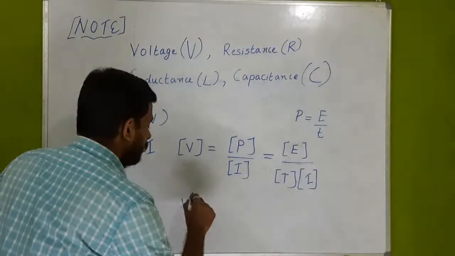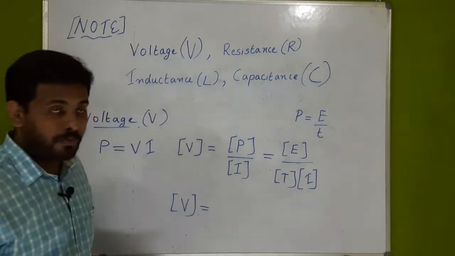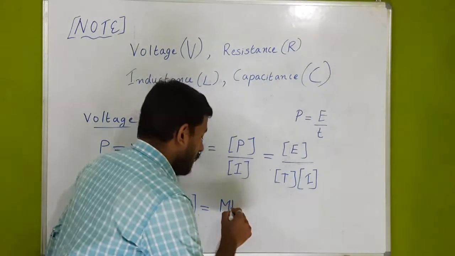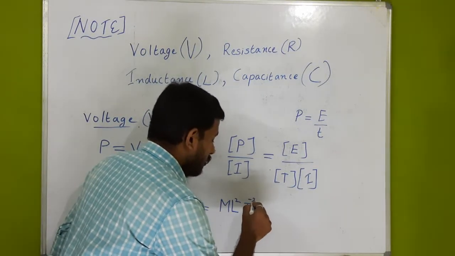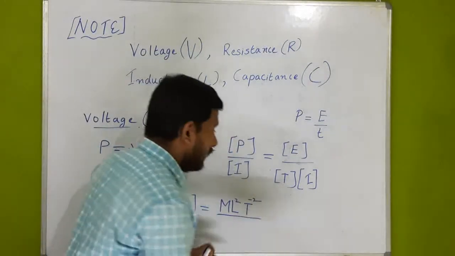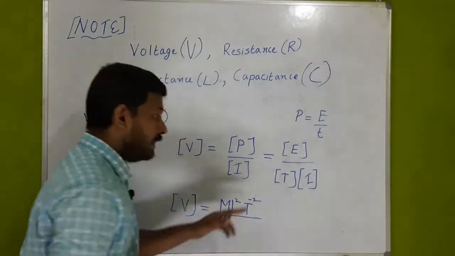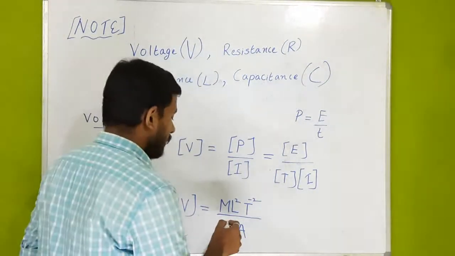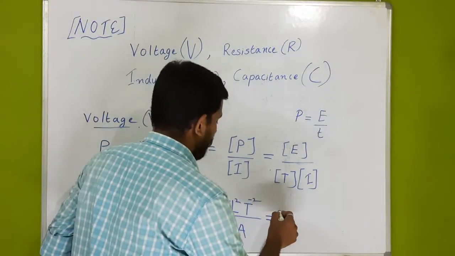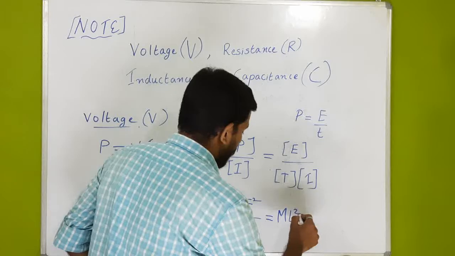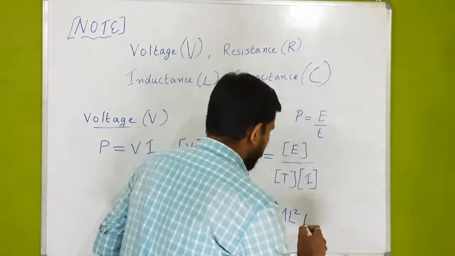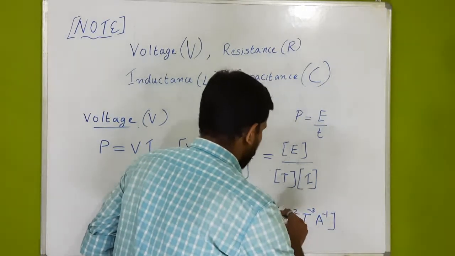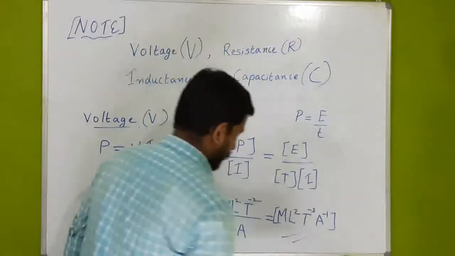Therefore, the dimension of voltage is equal to the dimension of energy, which is the dimension of work, that is ML^2T^-2, divided by the dimension of time, that is T, and the dimension of current, that is A. Solving this becomes T^-3. Therefore, ML^2T^-3A^-1. So this is the dimension of voltage.